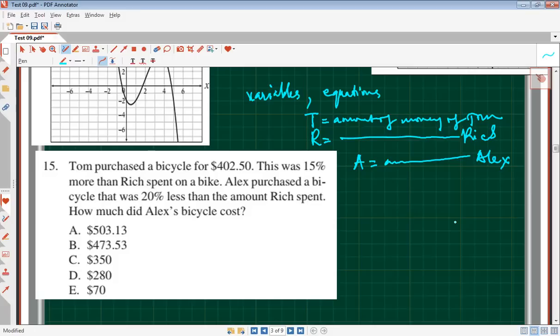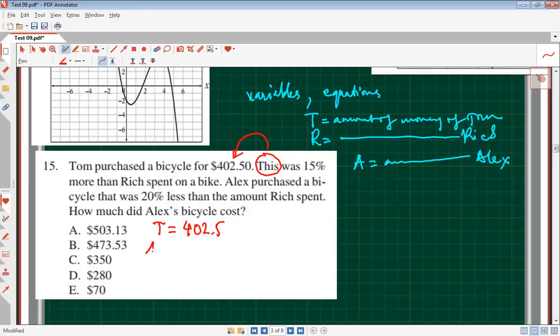From the information in the question, we have T equal to $402.5. This was 15% more than Rich.